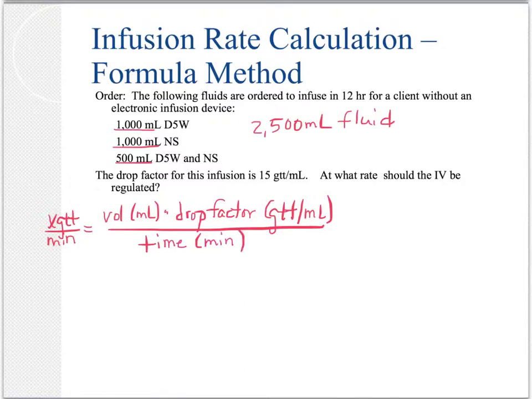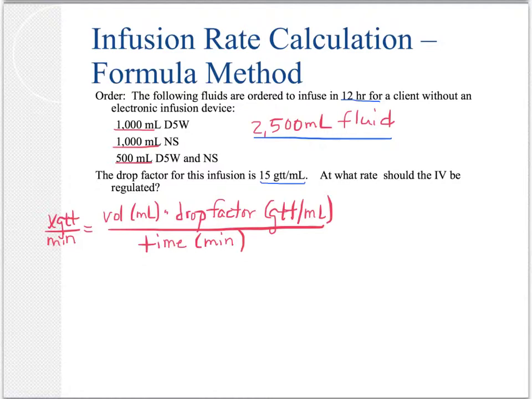To use the formula method, we simply need to substitute the appropriate figures into our formula. Well, looking back at our example, let's determine what the important figures are. In this example, we have a total infusion time of 12 hours. We have a total volume of 2,500 milliliters, and our drop factor is 15 drops per milliliter.